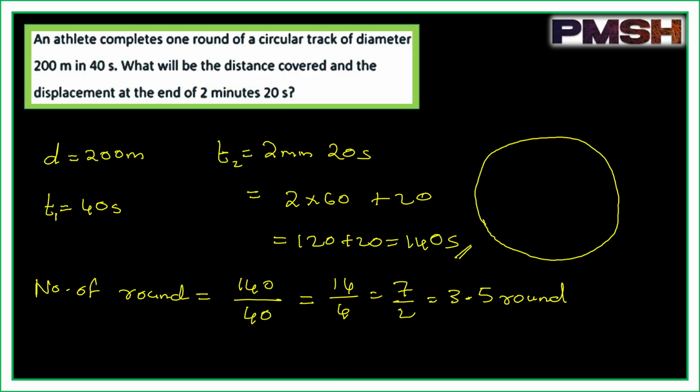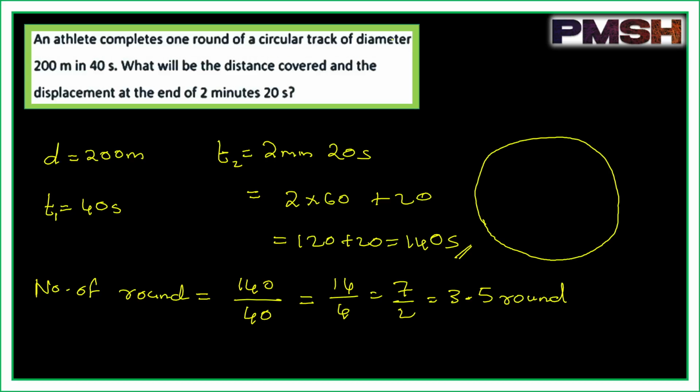Now you are asked to find the distance. If it completes one round, it is the circumference of the circle, isn't it? What is the equation to find the circumference of a circle? Yes, 2 pi r, right?